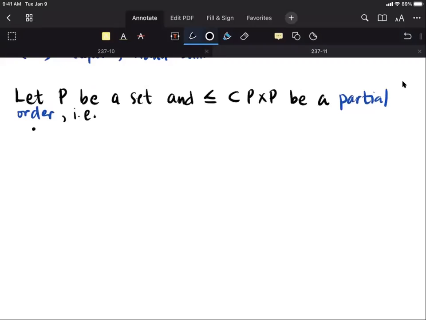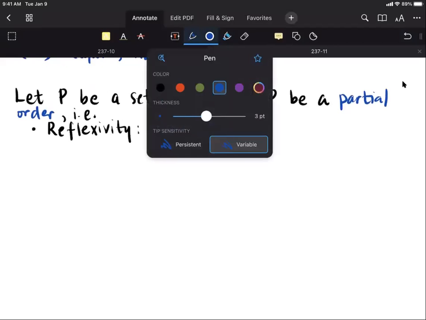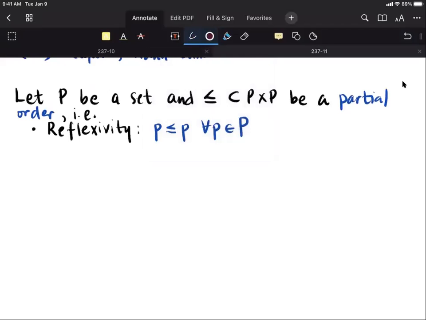So we have reflexivity, meaning P is related to itself for any P in the set. Here I would like to emphasize that we write this: P is related to itself.